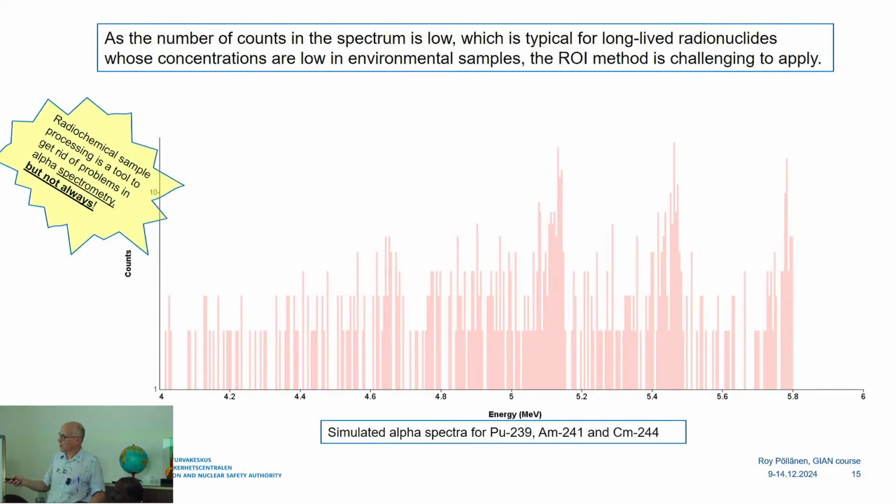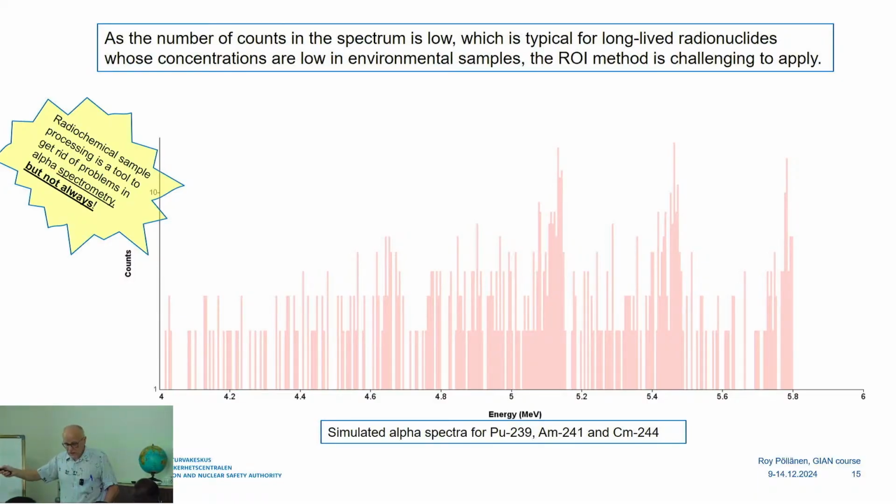What about this? This is normally quite a normal case in the environment because activities are quite often very low. So the number of counts in the peaks is very low.